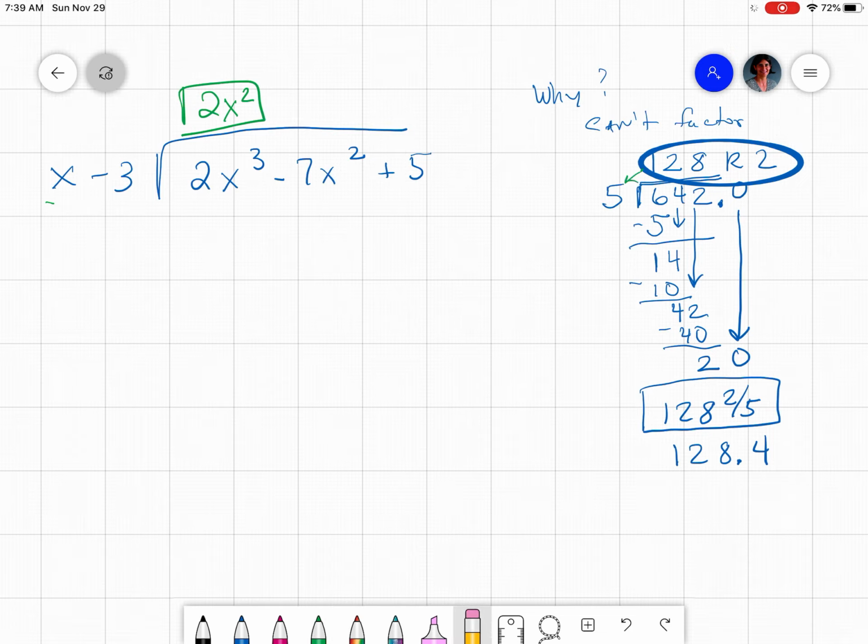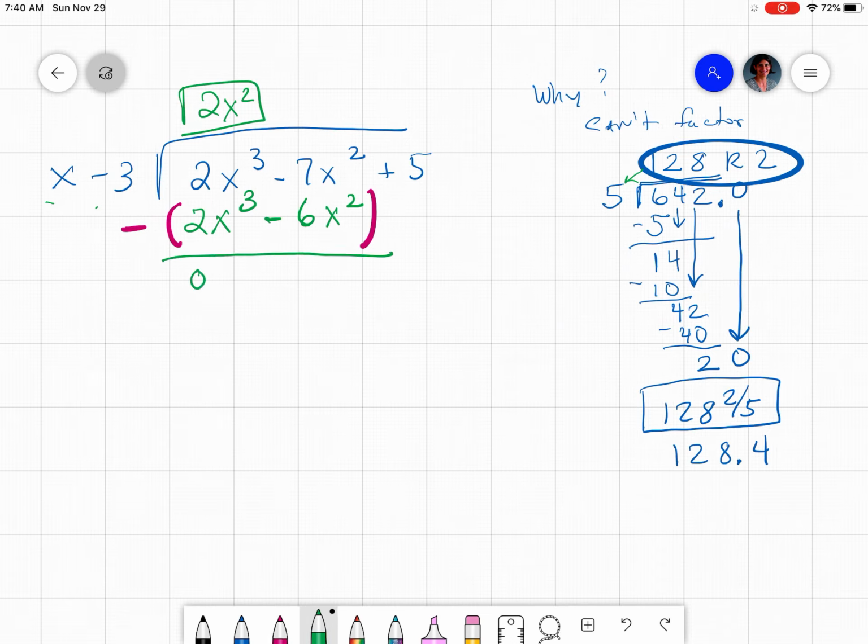And now we do the same thing we did after we had the number here: we multiply. So 2x squared times x is 2x cubed. And now I need to multiply the other part of this binomial, which is going to be minus 6x squared. I have to remember to subtract.